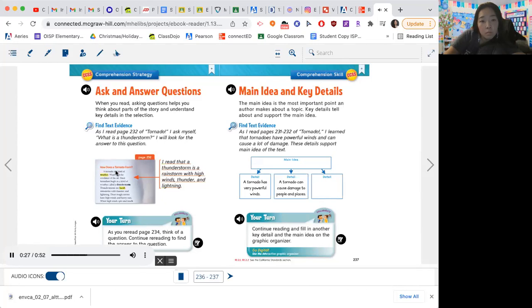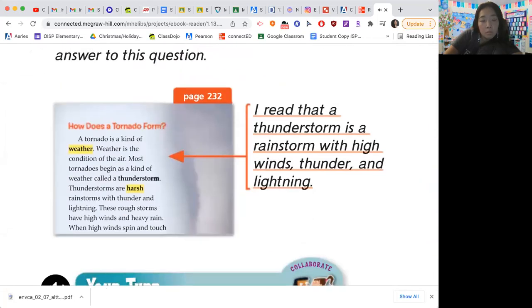How does a tornado form? A tornado is a kind of weather. Weather is the condition of the air. Most tornadoes begin as a kind of weather called a thunderstorm. Thunderstorms are harsh rainstorms with thunder and lightning. These rough storms have high winds and heavy rain. I read that a thunderstorm is a rainstorm with high winds, thunder, and lightning.